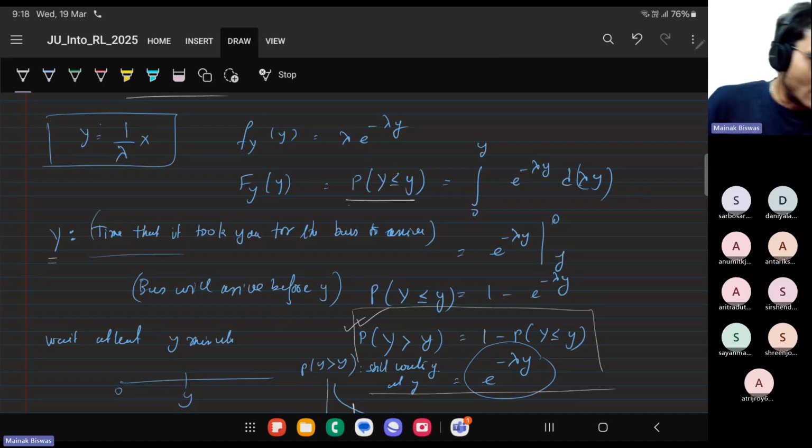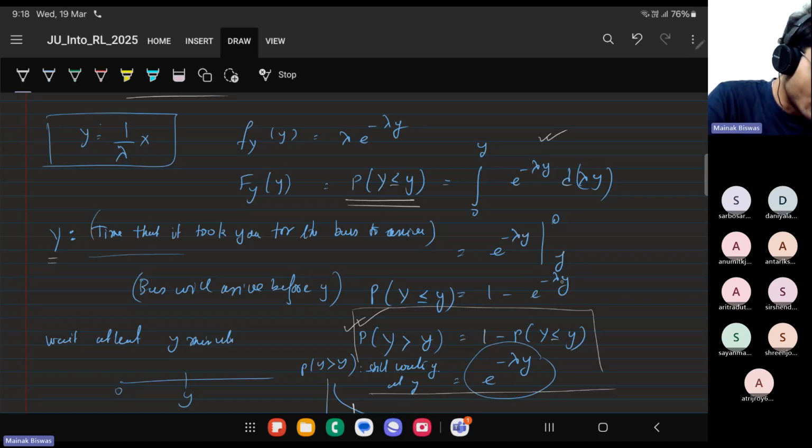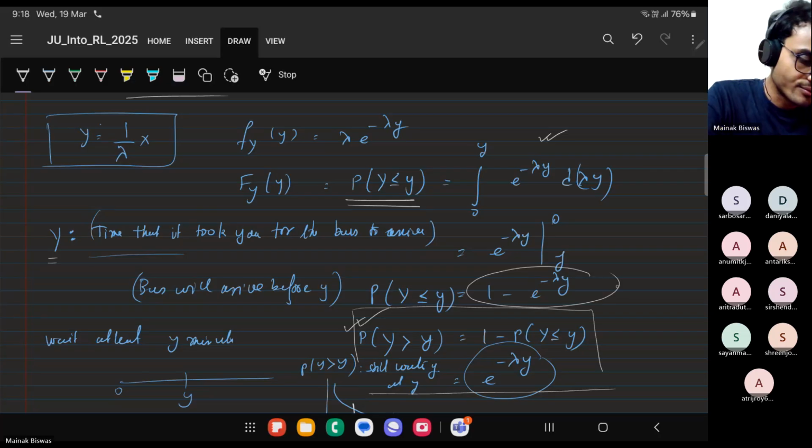Say I tell you now, what is the probability that the bus comes before y minutes? Then that is the integral of this, yes or no? Which is this function 1 minus e to the power minus lambda y, which is the CDF.